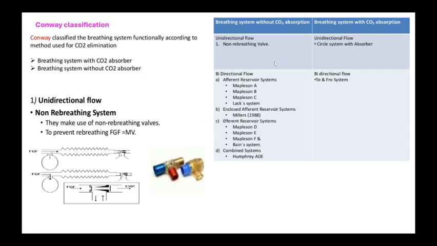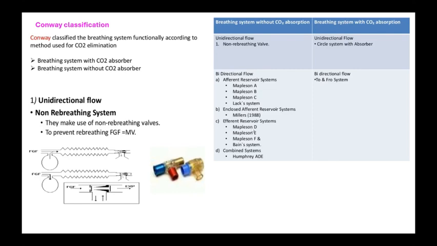And another confusing classification is the afferent reservoir and the efferent reservoir system, where the position of reservoir bag decided the classification. So they are unidirectional and bidirectional flow. Bidirectional, of course, you saw earlier is the to and fro system, where both the inspired and expired gases travel in the opposite direction through the same path.